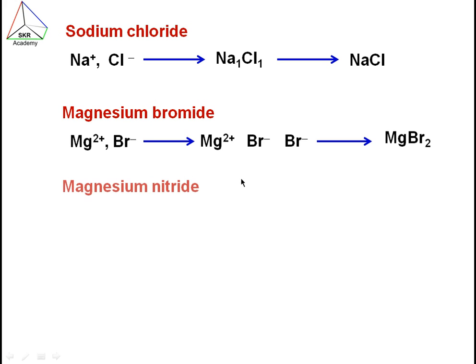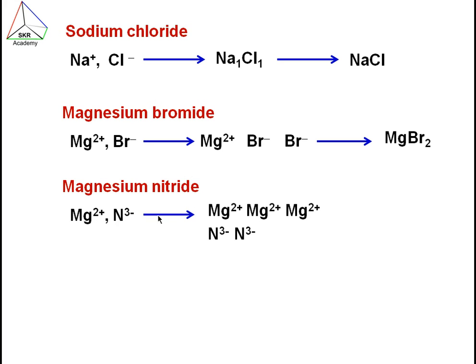The third example is magnesium nitride. Magnesium has 2 positive and nitride has 3 negative. Now we have to balance the charges. To balance the magnesium positive charge and the nitride negative charge, we have to take several magnesium and several nitride ions, basically to balance the positive and negative charges.